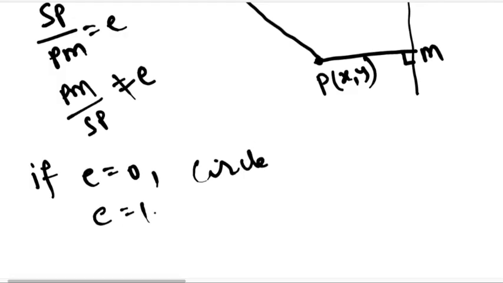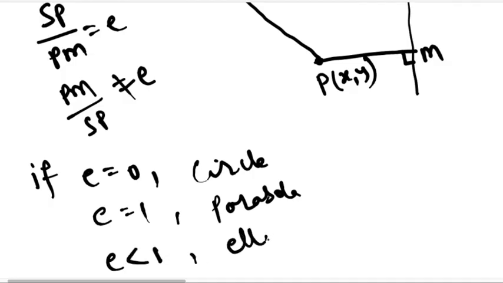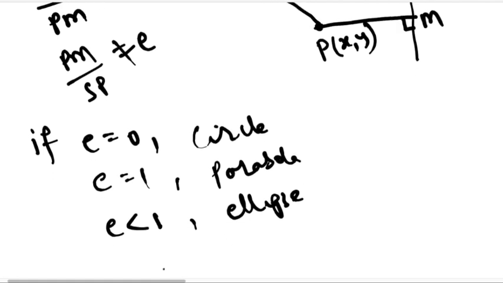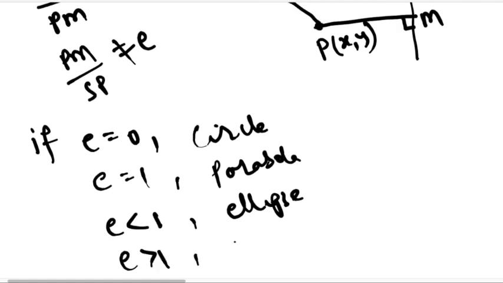If E equals 1, the curve traced will be a parabola. If E is less than 1, the curve traced will be an ellipse, and if E is greater than 1, the curve will be traced as a hyperbola.